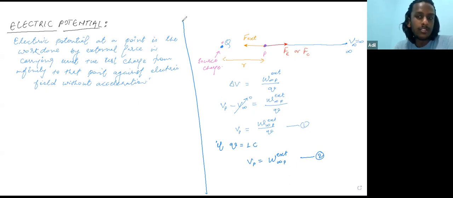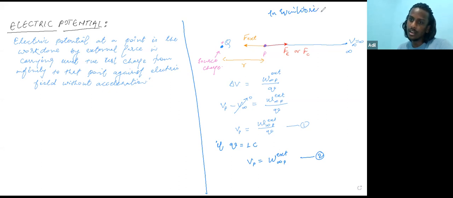Hence we can say your charge, while transporting from infinity to P, must always be in equilibrium condition.